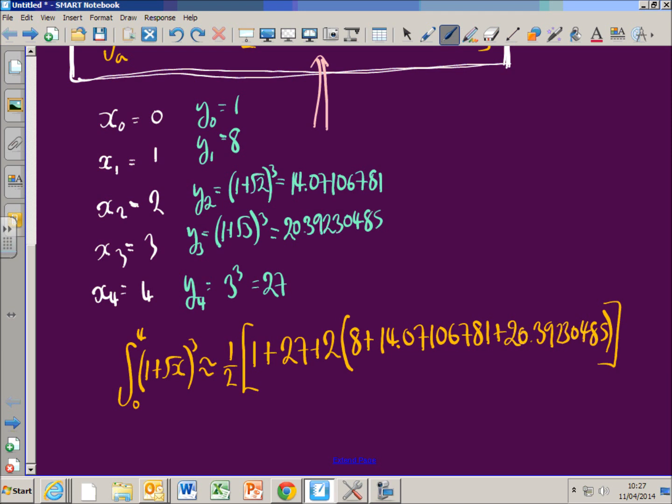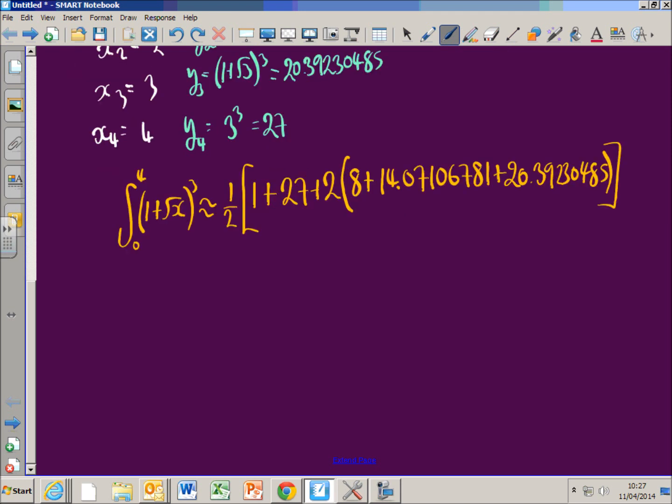So I would do the 2 times all of this first, then add on 27, then add on 1, then halve everything. And should we go to 2 decimal places?